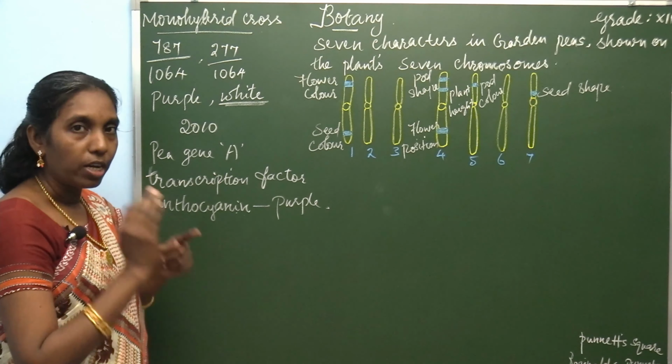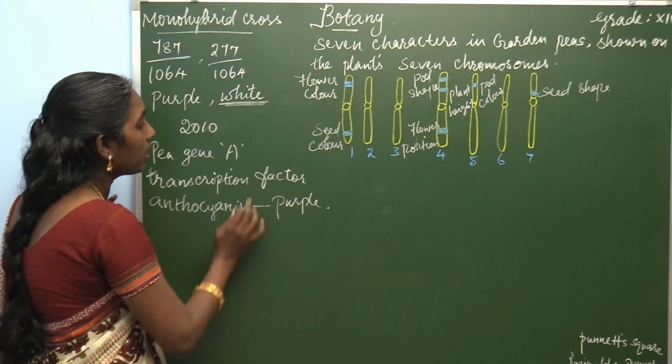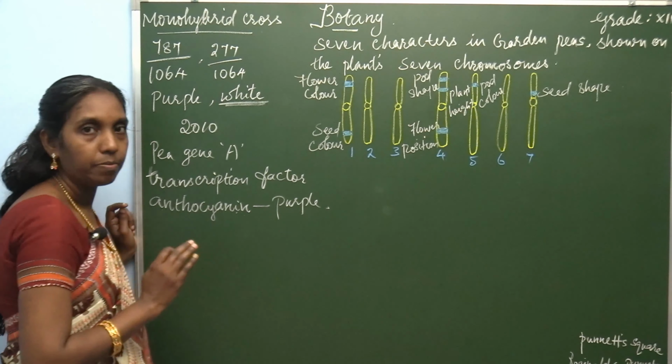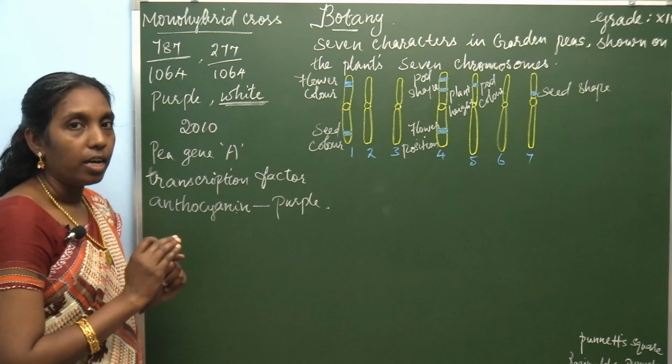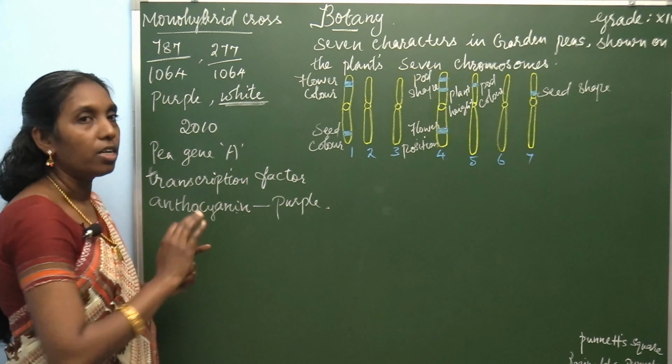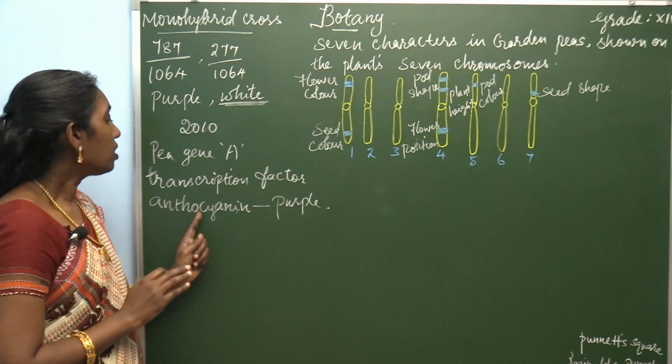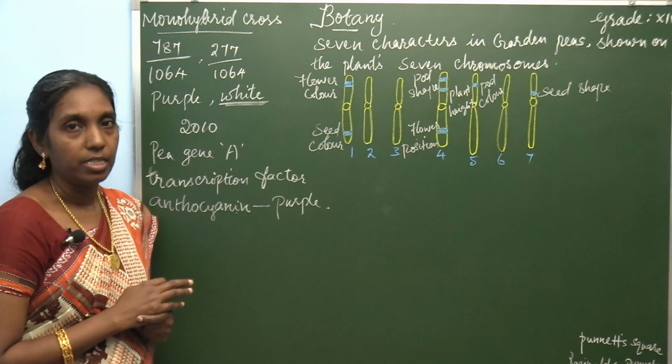If anthocyanin pigment is produced, the color of the flower is purple. And the white color flower does not produce this anthocyanin pigment.